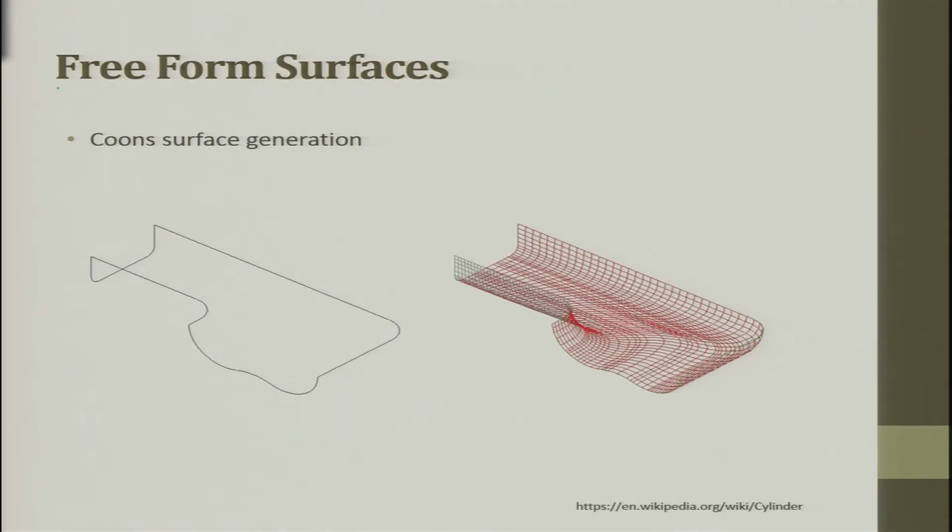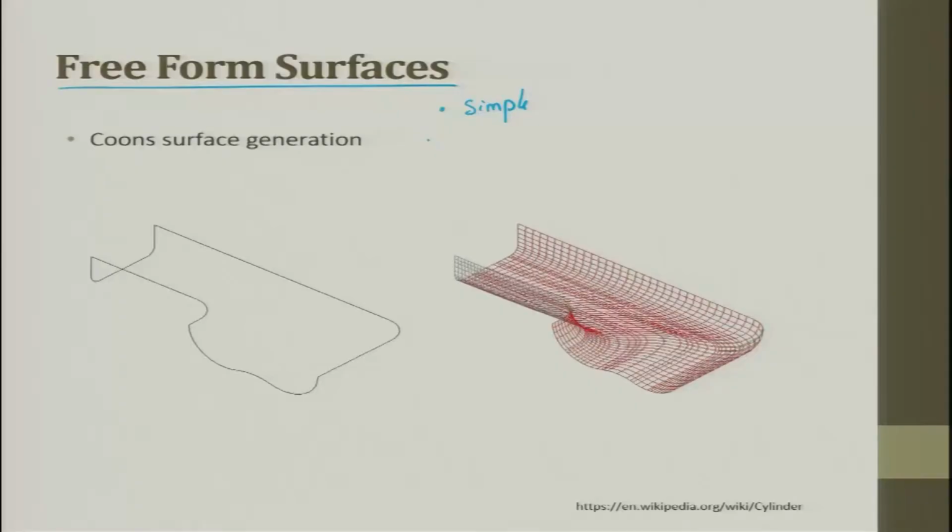So, when we talk about free form surfaces, first thing that comes is Coons surfaces. Coons surfaces are relatively simple, a next step from whatever we have studied in 2D, where we saw translation and rotation. The next step moving towards 3D is going to be with free form, and in 2D also free form surfaces are very important. So, we will see how to draw a curve and other things.